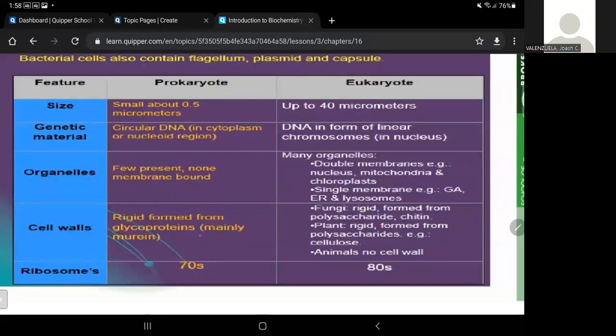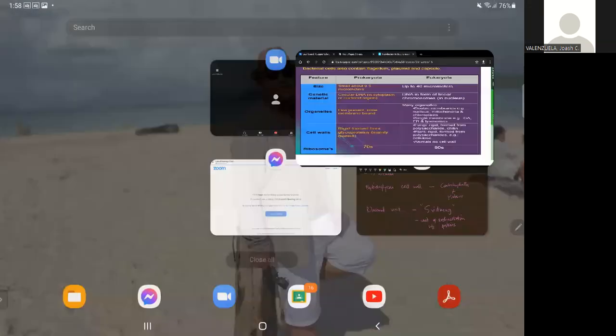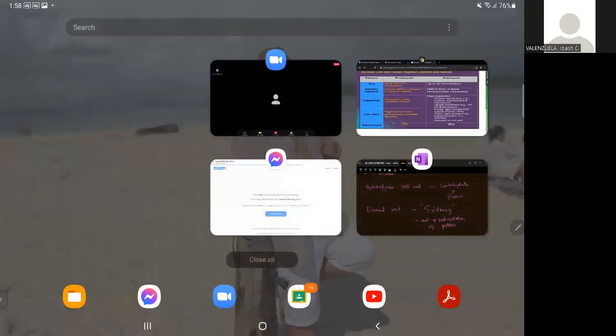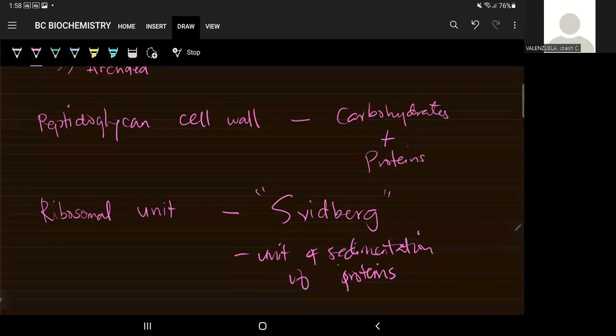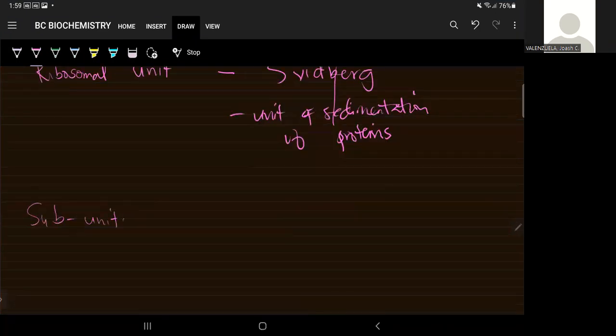That is the main ribosomal unit. Actually, there are also ribosomal subunits. Aside from the ribosomal unit, it has subunits. For prokaryotic and eukaryotic, 70S and 80S, capital S, not small s.